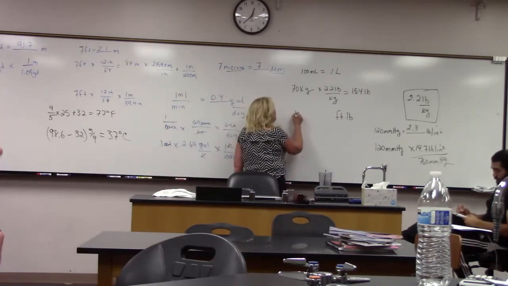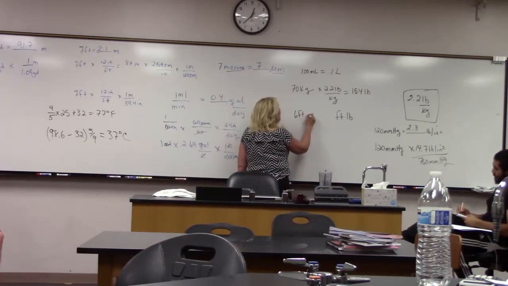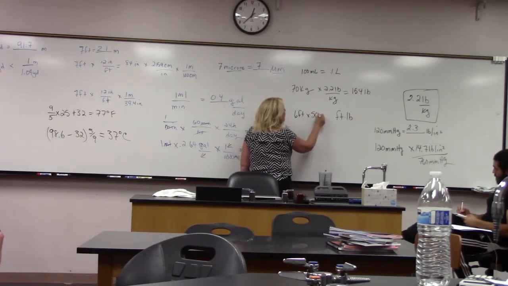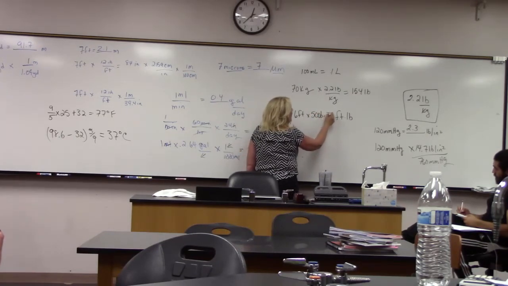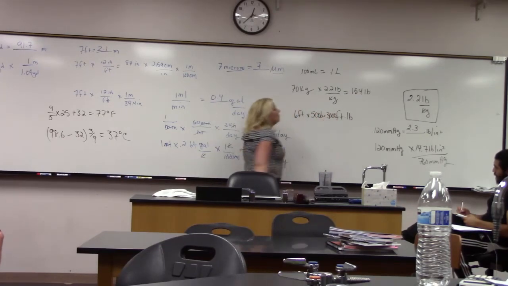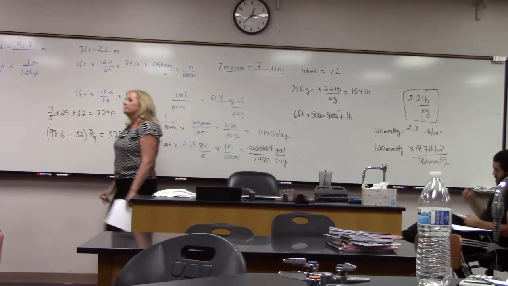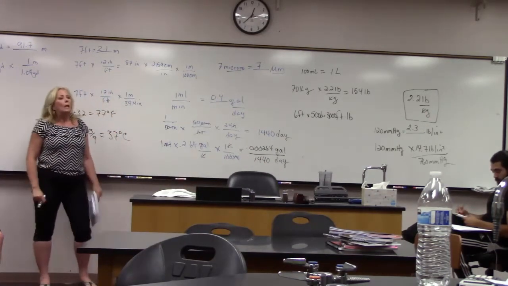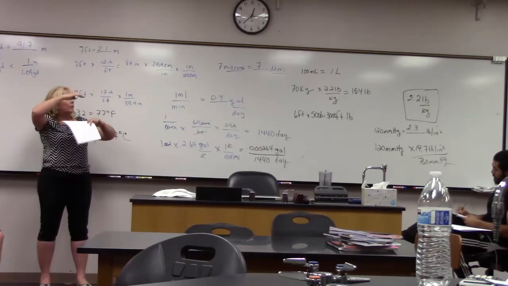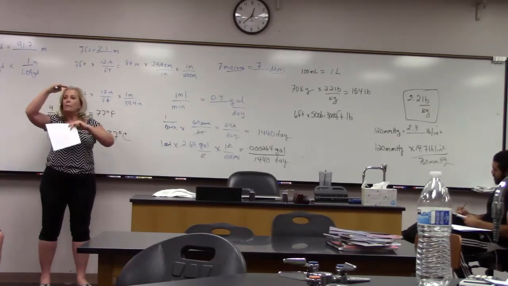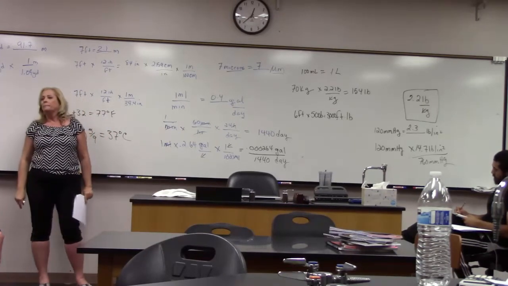So he is moving 500 pounds 6 feet off the ground. So you have 3,000 foot-pounds. If the units were on top of each other, you would divide. Okay?